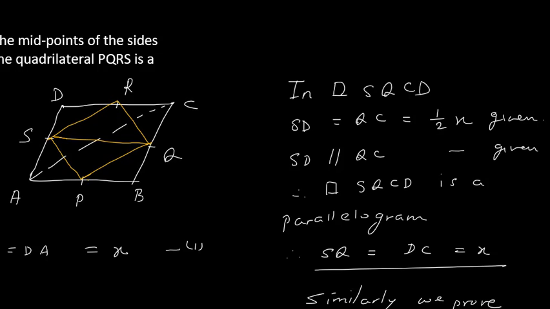And the converse is that if we draw a line parallel to a side from the midpoint of one side of a triangle, then it will bisect the third side. So if triangle ABC is there and from the midpoint E of AB, I draw a line EF parallel to side BC, then it will bisect AC, that is, point F will be the midpoint of AC.